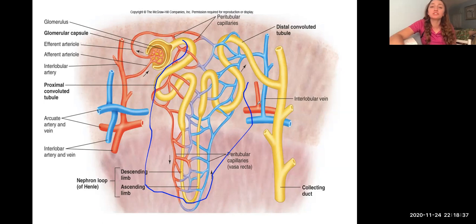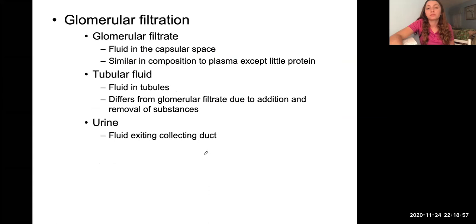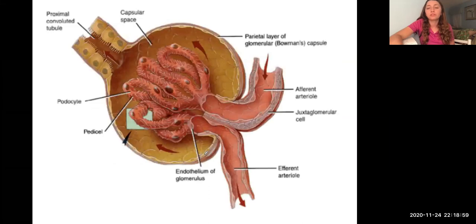I listened to you talking about it with the teacher. Yeah, they're peritubular capillaries, and that's what they're connected with. That's where the water's going, where most reabsorption happens. When we reabsorb, it goes there.